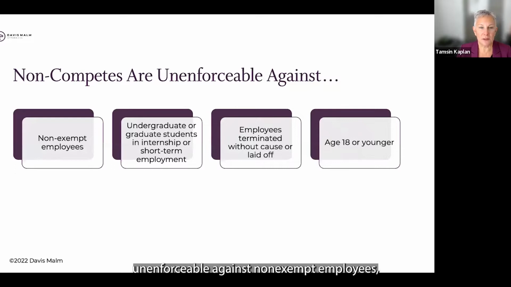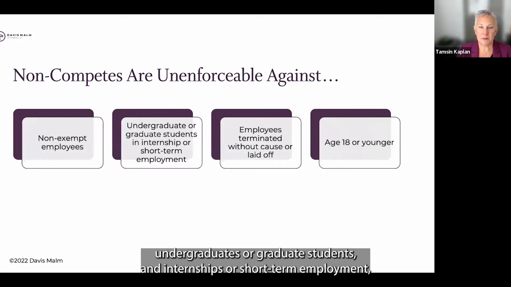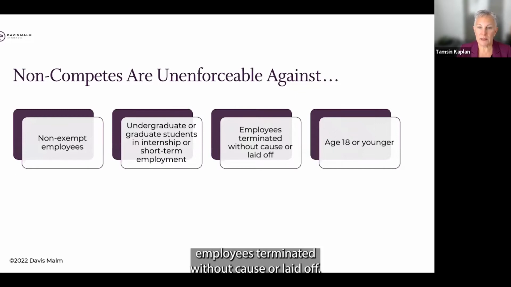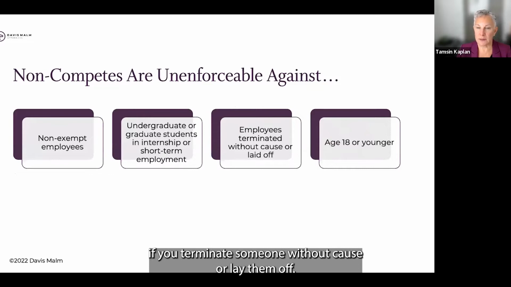Non-competes are unenforceable against non-exempt employees, undergraduates or graduate students in internships or short-term employment, employees terminated without cause or laid off. So non-competes under the Act are not enforceable if you terminate someone without cause or lay them off.